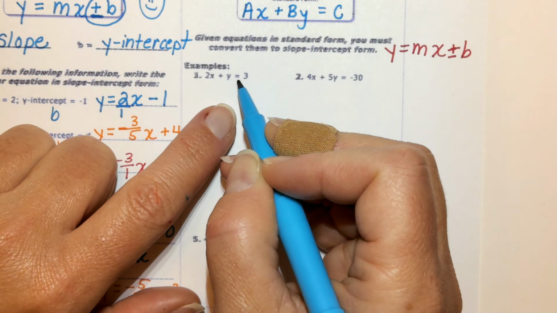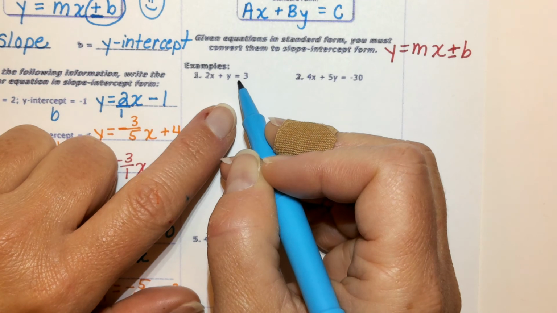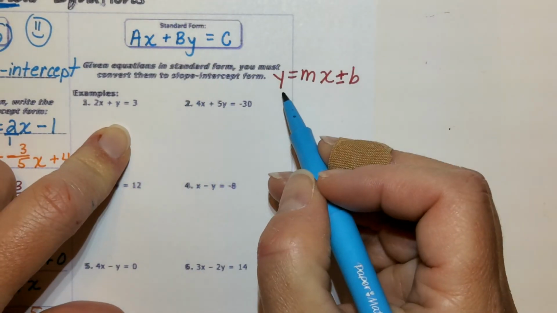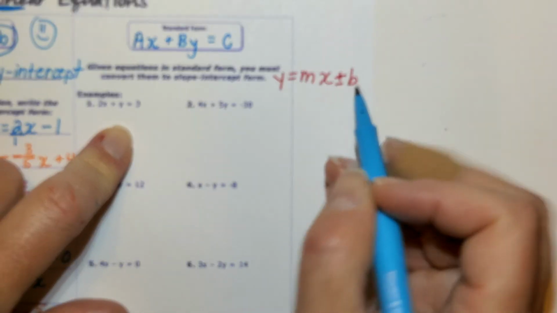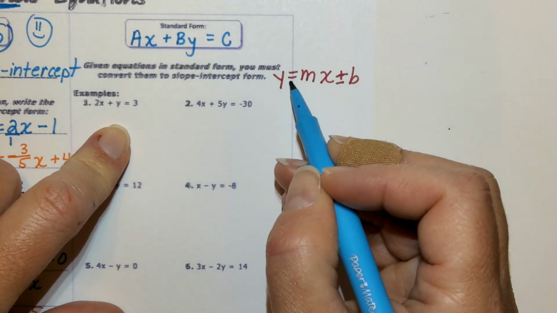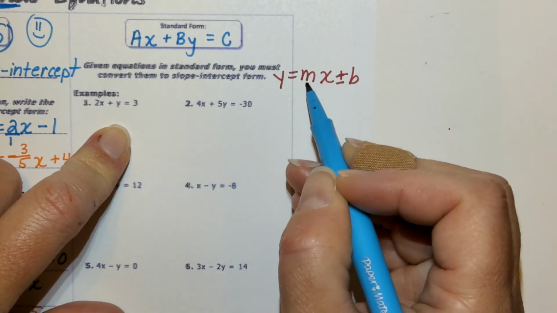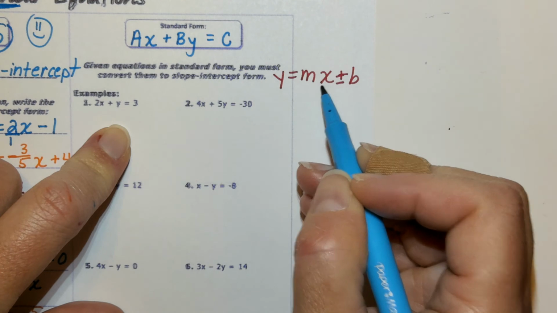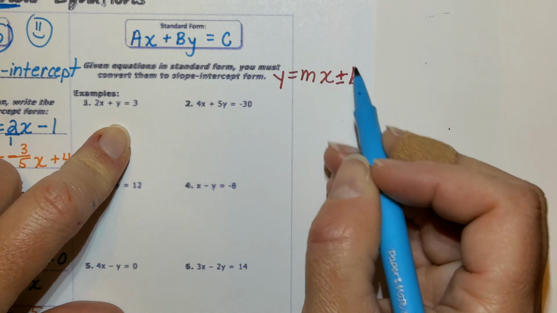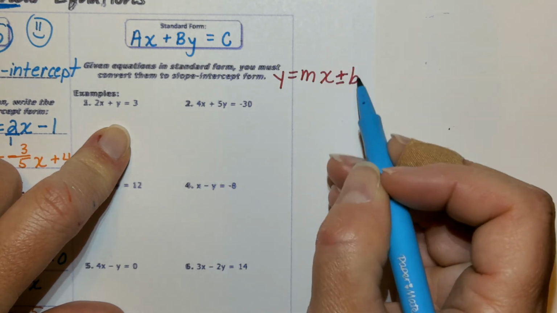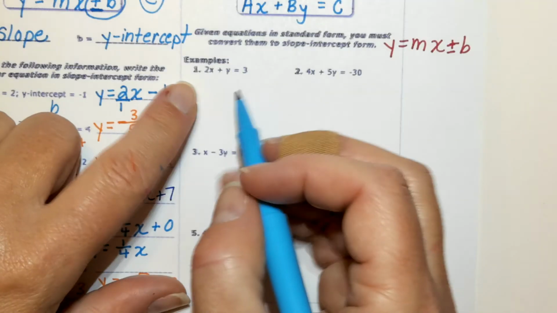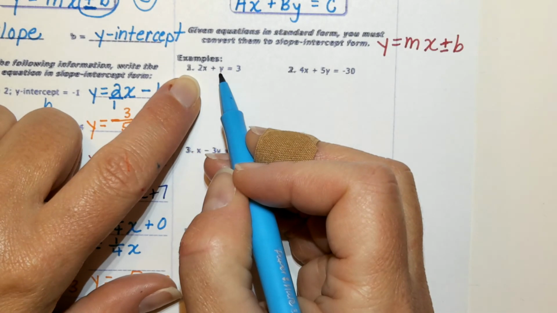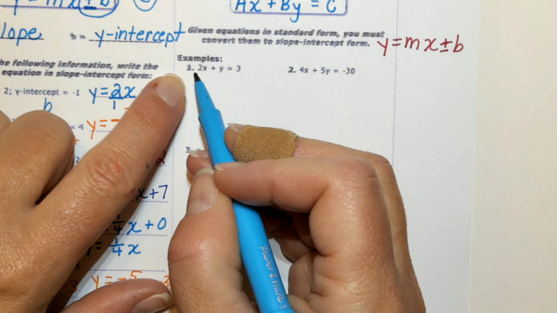So if we look at the first one, it says 2x plus y equals 3. Okay, we want y to be alone, and he's not. Who's bugging him? The 2x. We have to get this 2x moved over to the other side of the equal sign. And once we get it over there, we need it to be in the right spot. So here's what I mean.